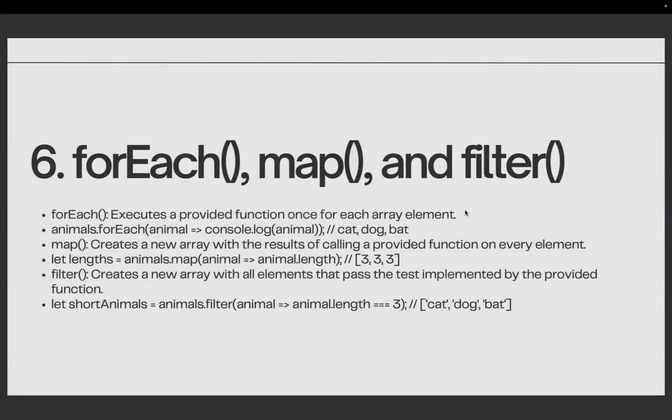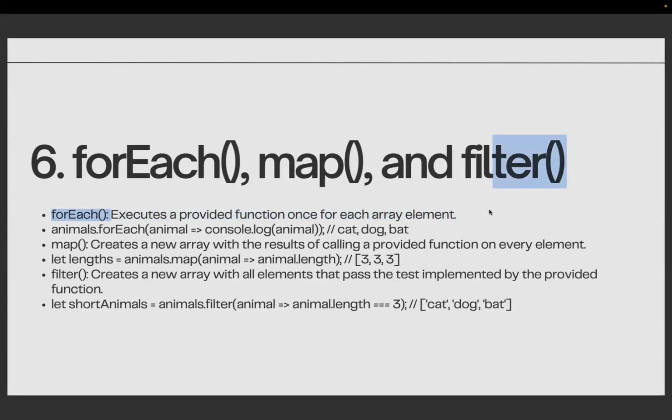Continuing with array methods. Basically, we have some higher order methods which work with arrays. One of them is forEach, and it executes a provided function once for each array element.